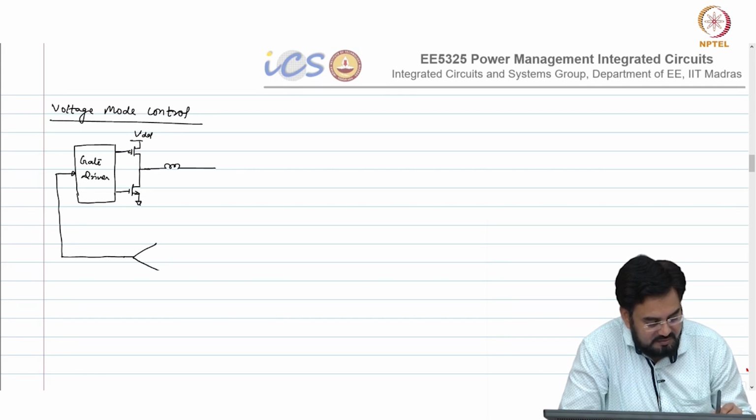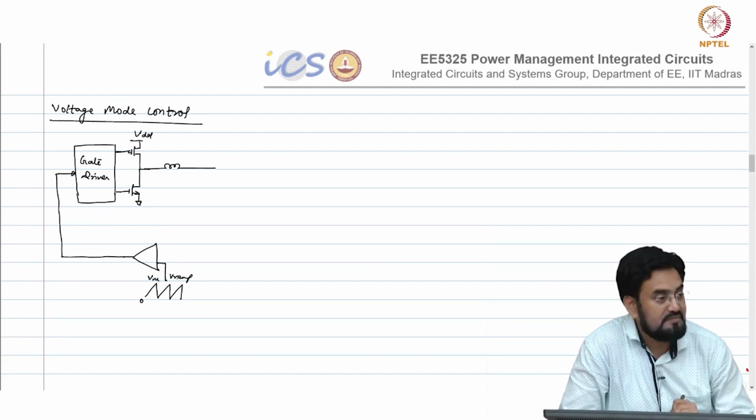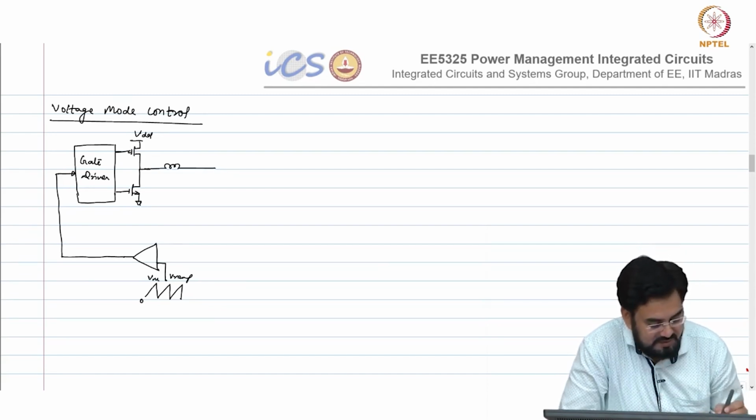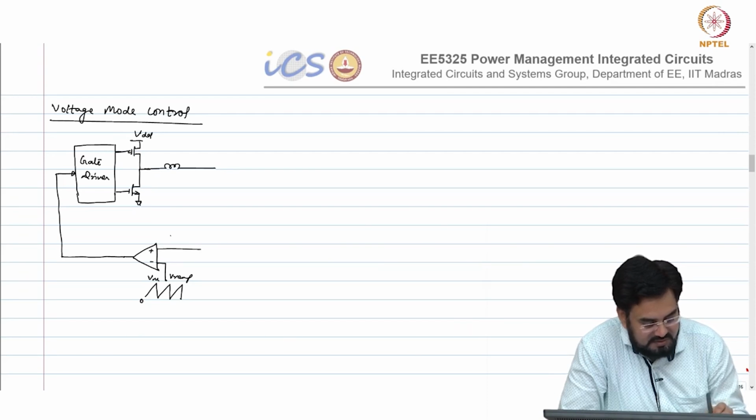Okay. This is your ramp. If this is going 0 to Vm, so the amplitude of your ramp is Vm. This is your VCTRL.